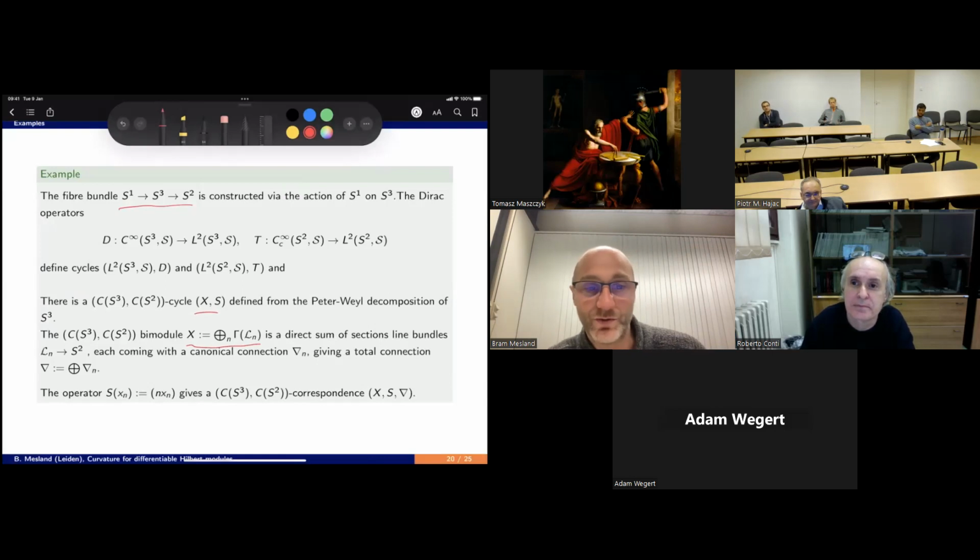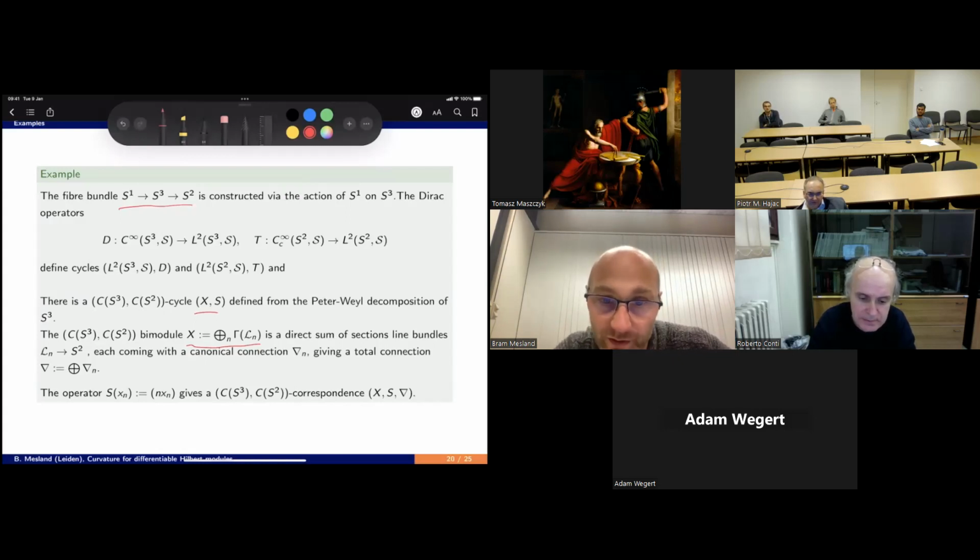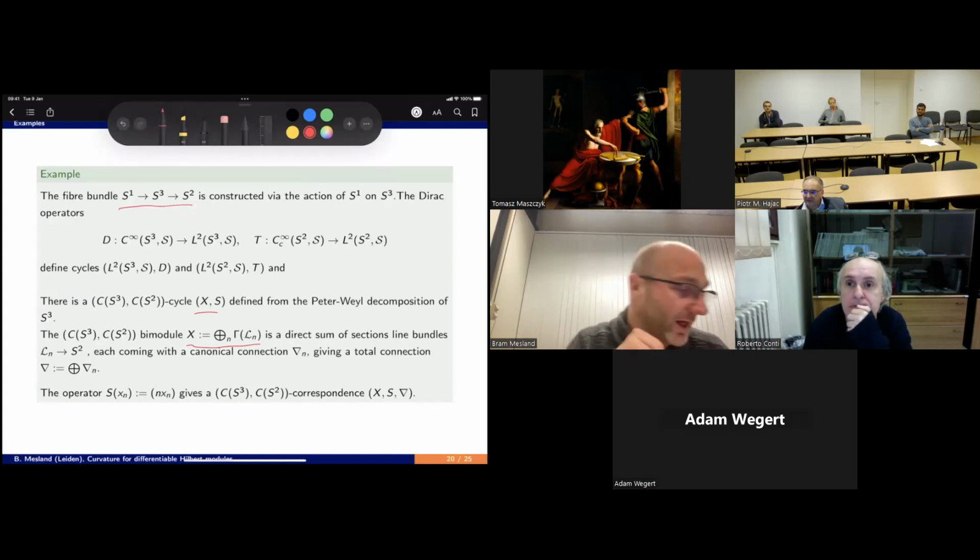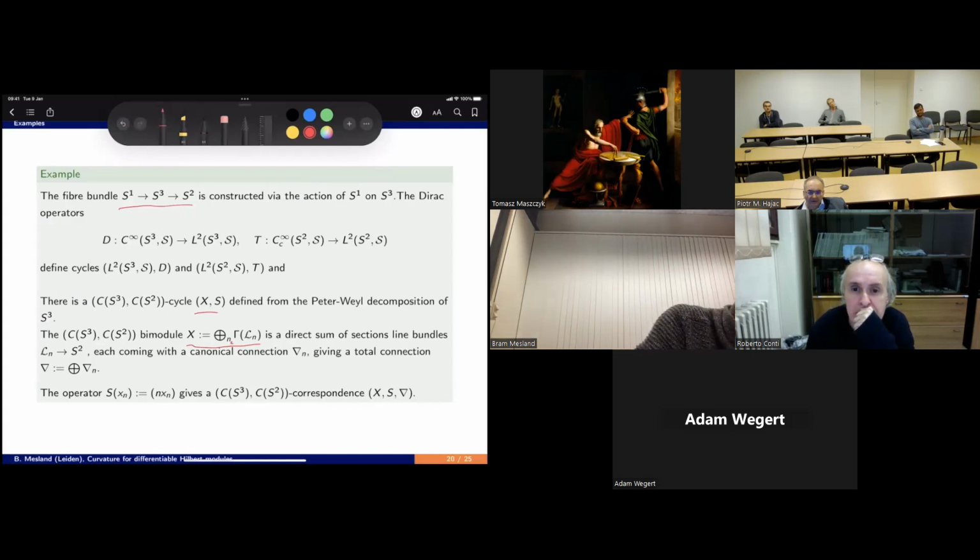The module that you get from this fibration is a direct sum of sections of line bundles. Or this is the algebraic direct sum over all integers, right? Well, when I write the direct sum, yes, this is over all integers. That is correct. As a C-star module, I want to complete it, but as a smooth submodule, it's safer to work with the algebraic direct sum if you want to look at the domain of the connection, for example.